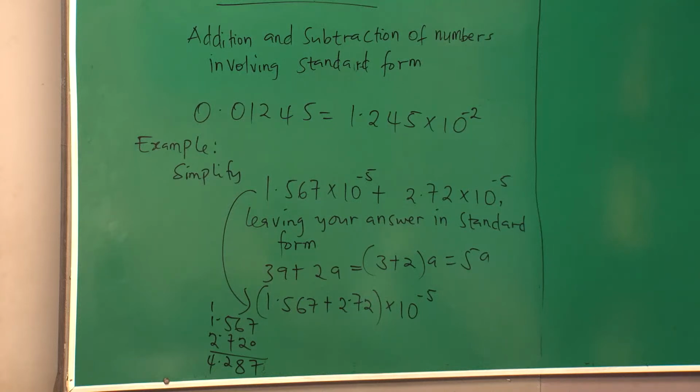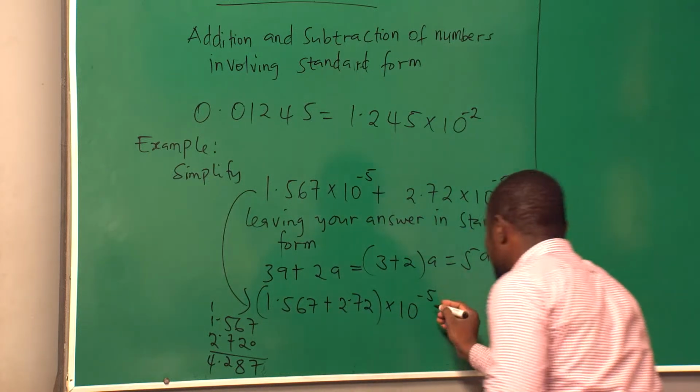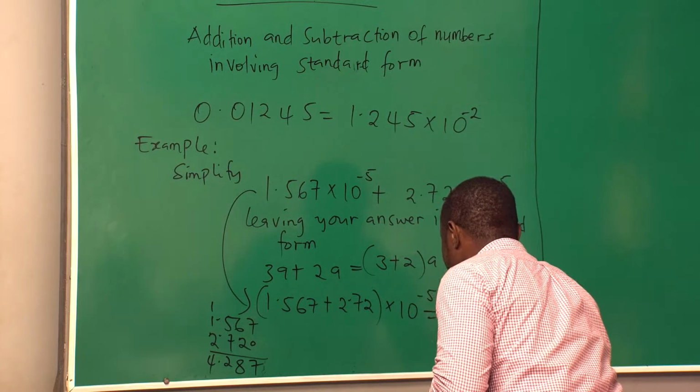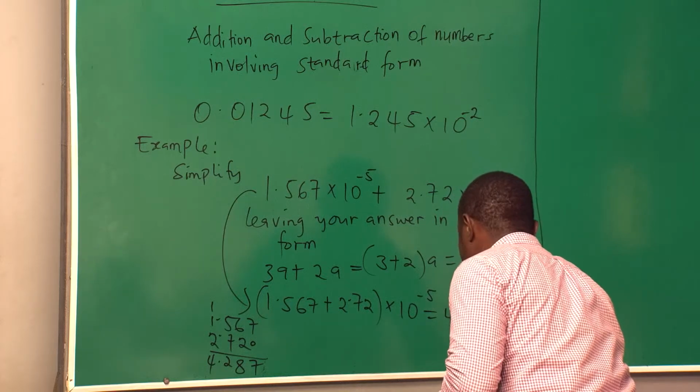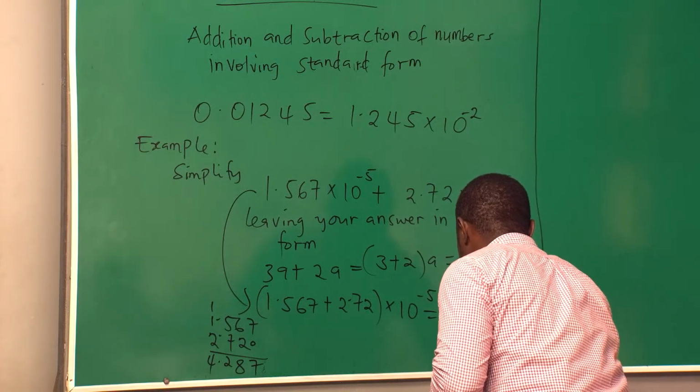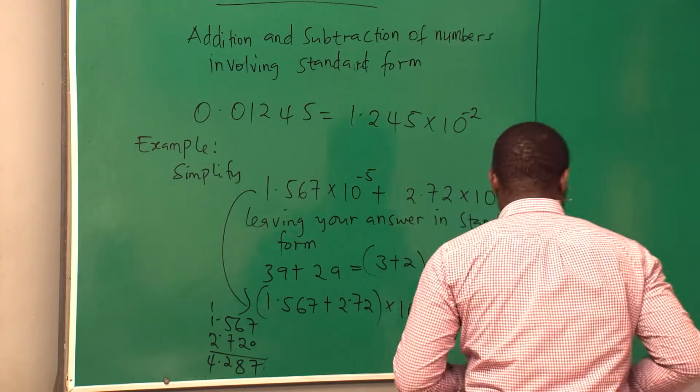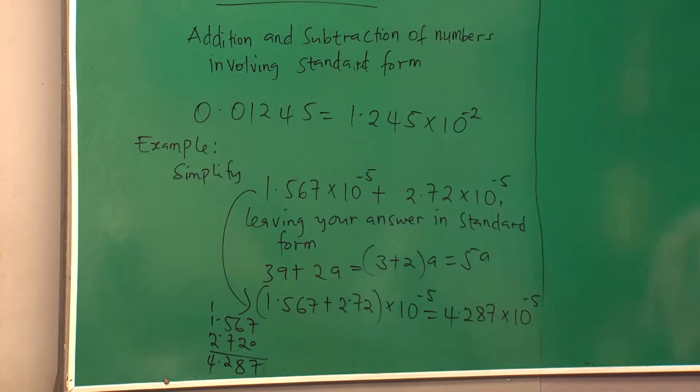Ochad, are you okay? Any questions? Samira? Okay, so we have the answer as 4.287 times 10 exponent negative 5.